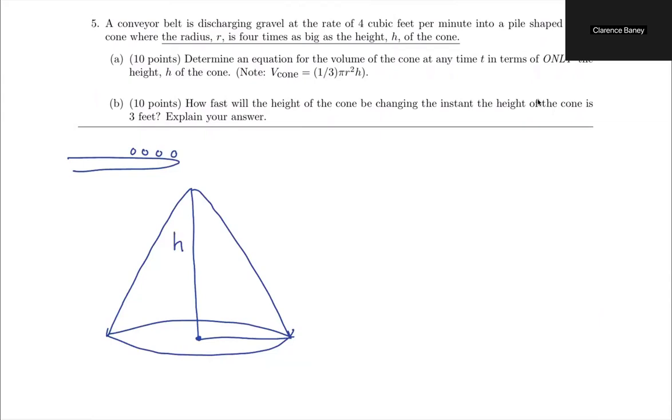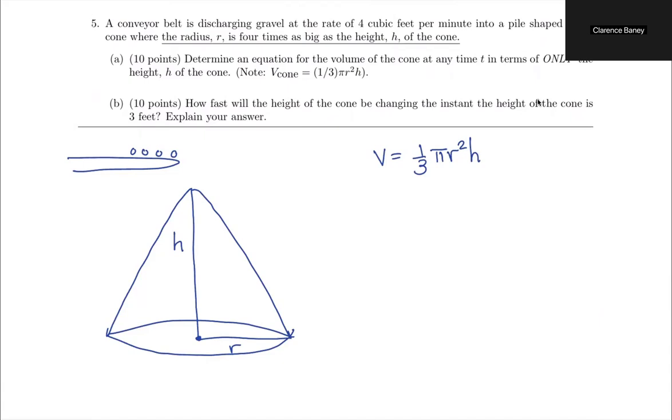Perhaps the geometry of this may have given you some difficulty because you haven't seen how to measure the dimensions of a cone in a while. However, I did tell you that the volume of the cone is given by 1/3 pi r squared h. And so the first part of this problem doesn't ask you to do anything with the numbers. It just says to put V in terms of specifically h.